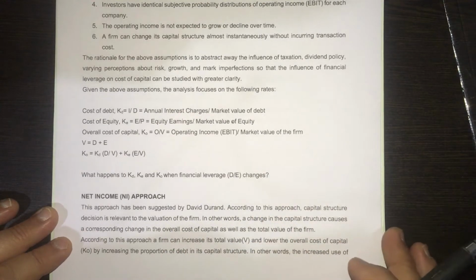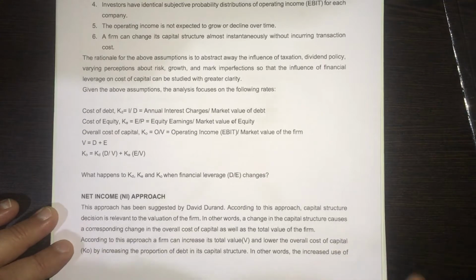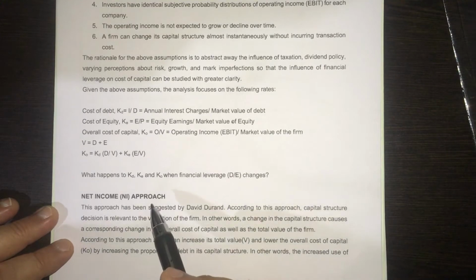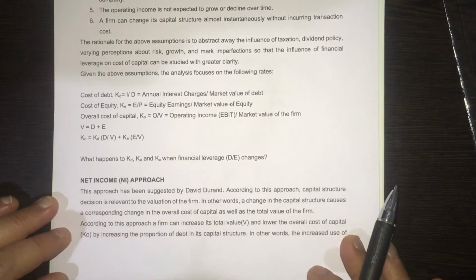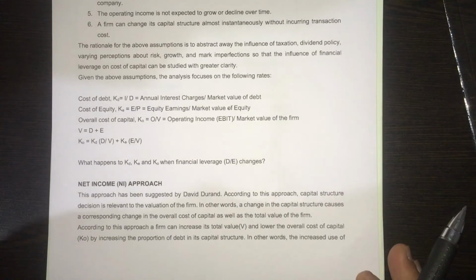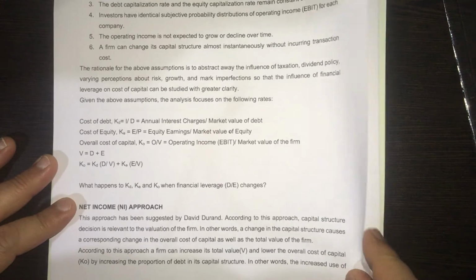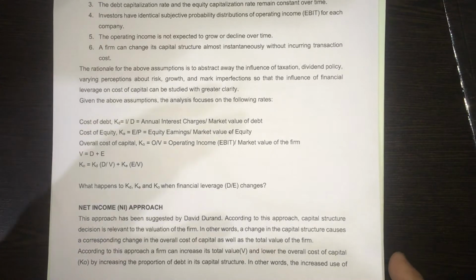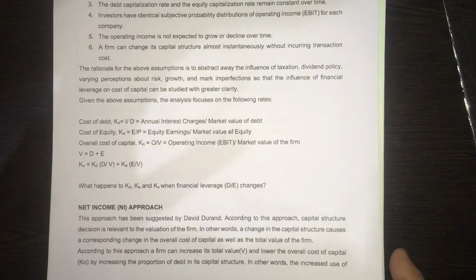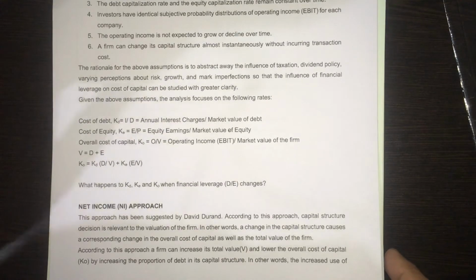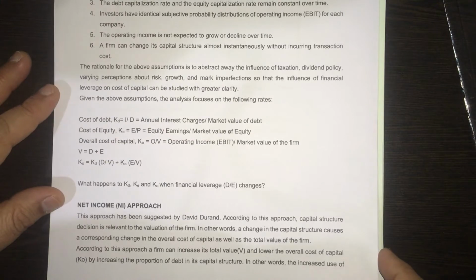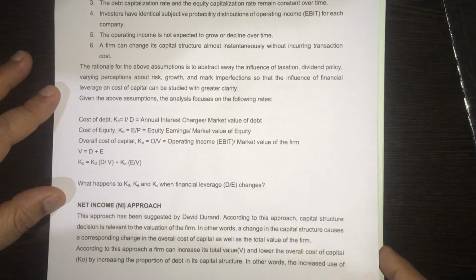And we are going to answer that question with the help of the first approach, that is the net income approach, which has been propounded by David Durand. And according to David Durand, the capital structure of a firm is relevant. In other words, a change in the capital structure will cause a corresponding change in the overall cost of capital as well as the total value of the firm.